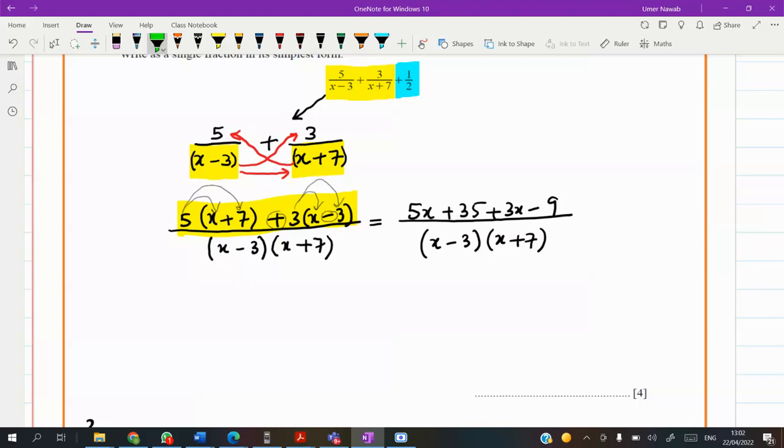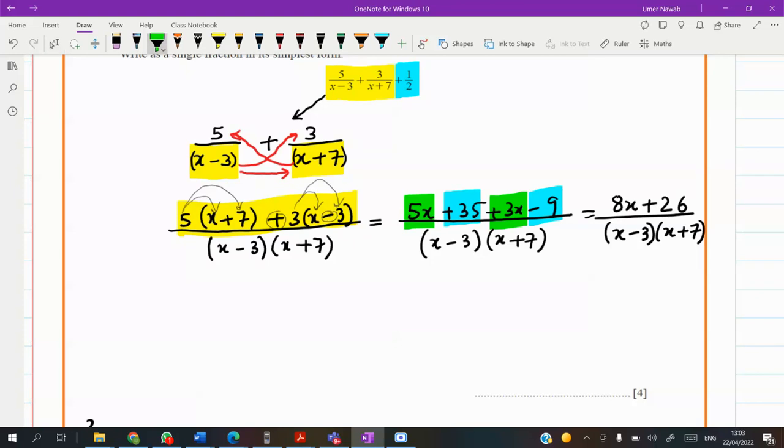Now simplify further. 5x and 3x gives you 8x, and 35 minus 9 will give you 26 over x minus 3 and x plus 7.